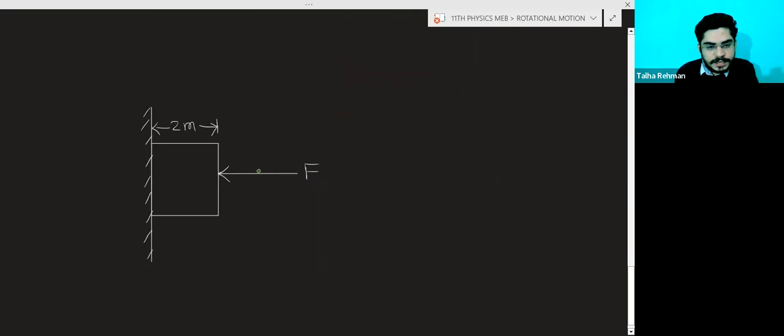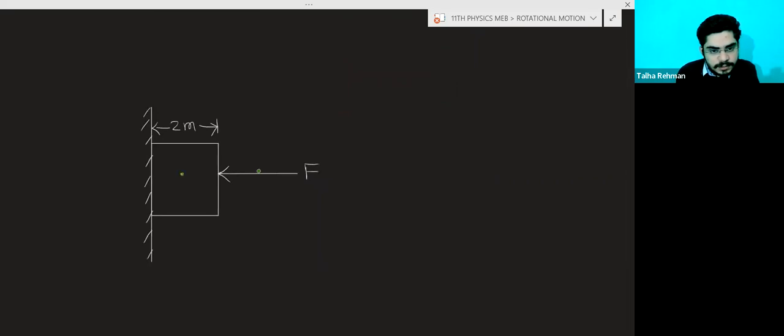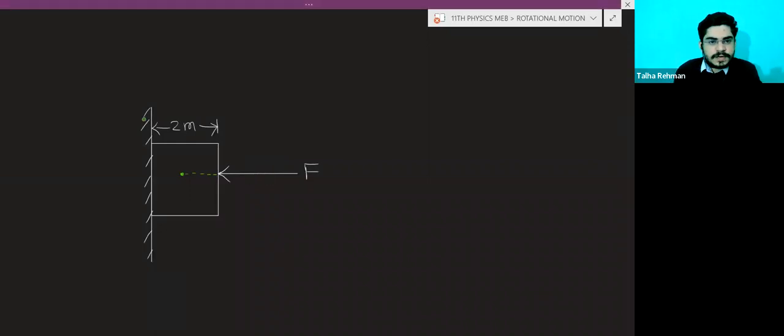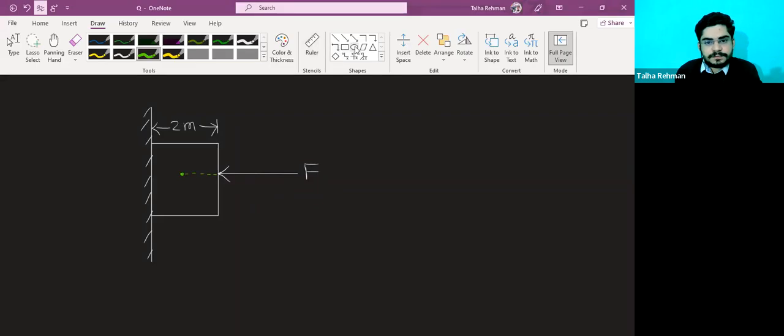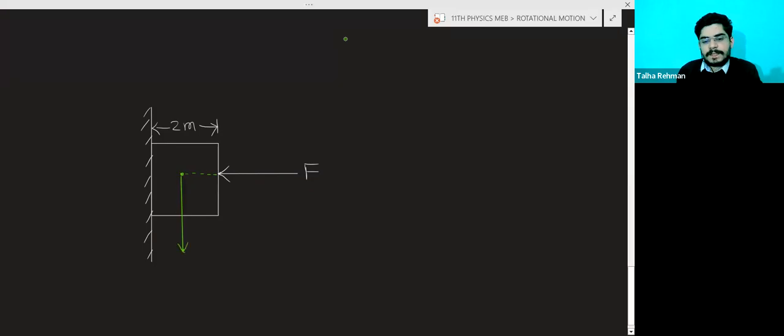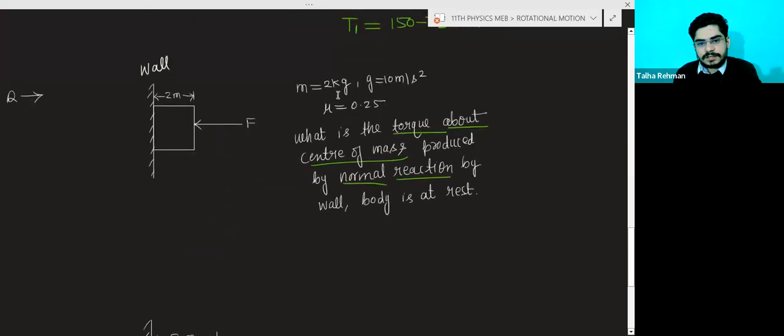This force is acting, and this is the center of mass, and this force is passing from the center of mass. Okay. So, what forces will act on this? One force will be mg like this. So, what will be the mass? Mass is 2 kg.